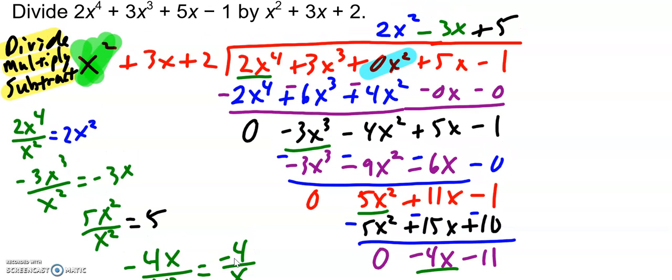Now, how do I write my answer? Good question. So this up here is what we call our quotient, and this down here is my remainder.